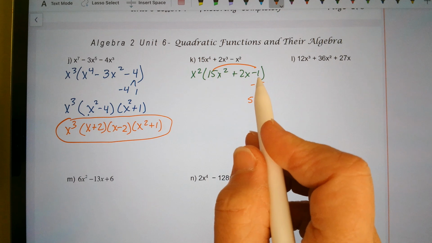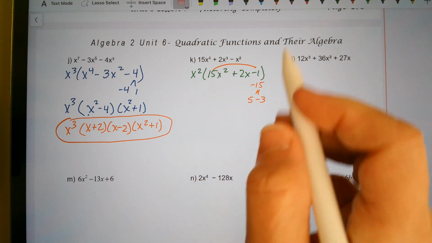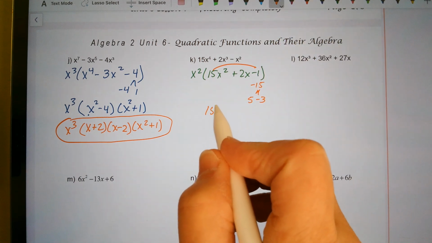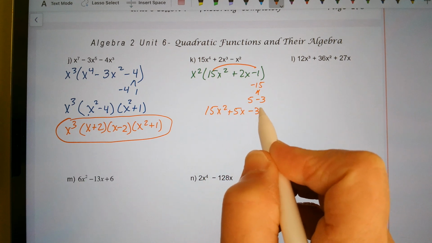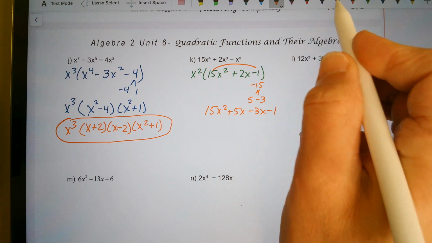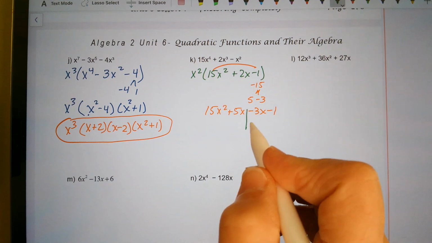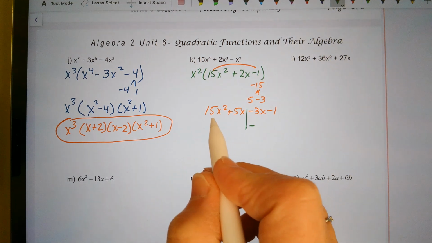So rewriting the trinomial, 4 terms, 15x squared plus 5x minus 3x minus 1, split, copy down the operator.